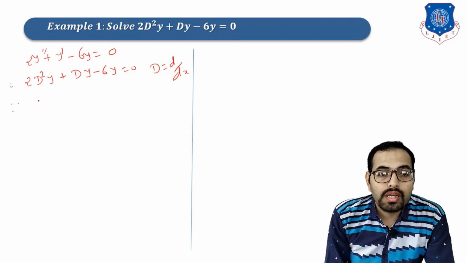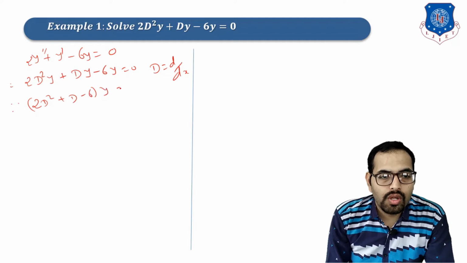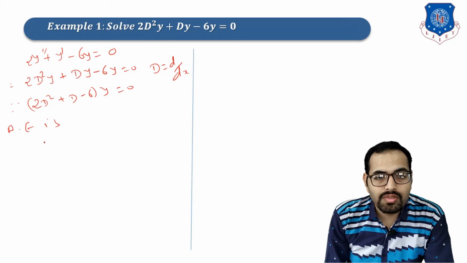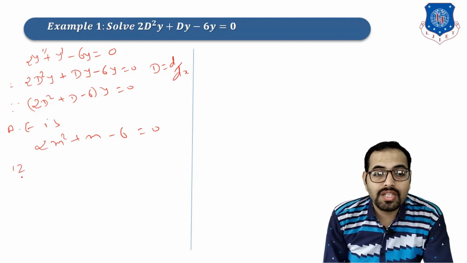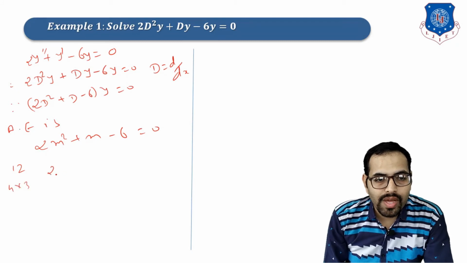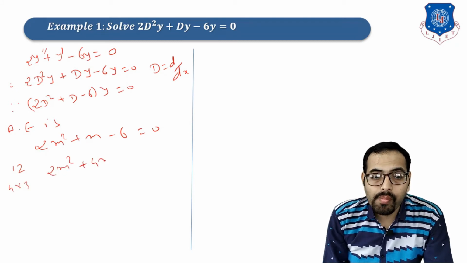Now (2D square plus D minus 6) of y equal to 0. Now our auxiliary equation becomes 2m square plus m minus 6 equal to 0. Now factorize: 6 times 2 is 12, and the factors are 4 and 3, so 2m square plus 4m minus 3m minus 6 equal to 0.